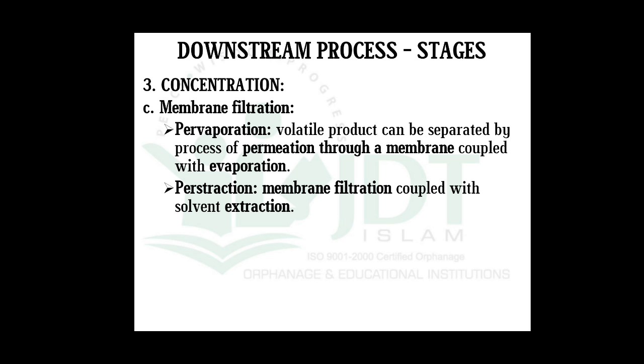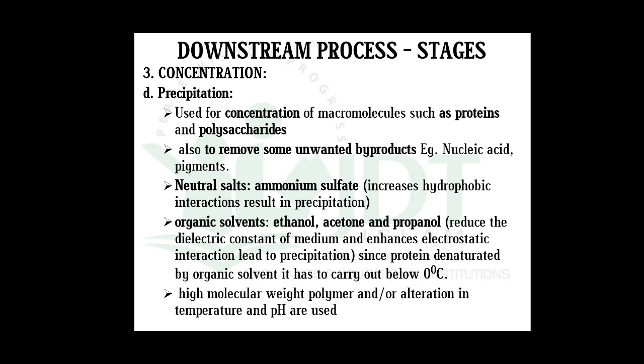So these are the different methods for membrane filtration. And the next one is the precipitation method. Concentration can be done by precipitation, used for the concentration of macromolecules such as protein and polysaccharides. It can also be used to remove some unwanted byproducts like nucleic acid and pigments.